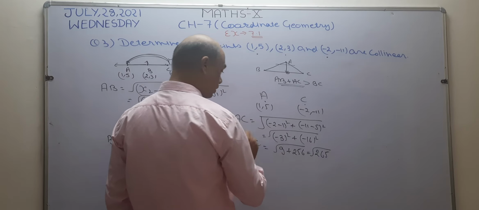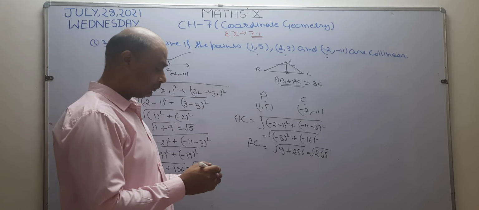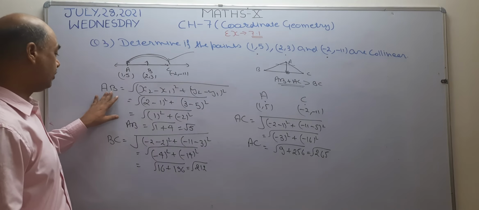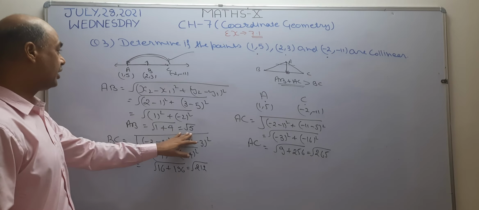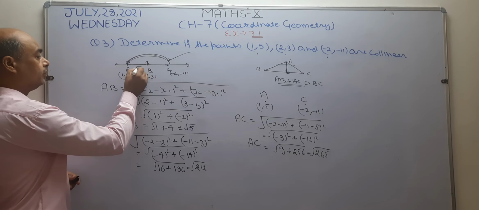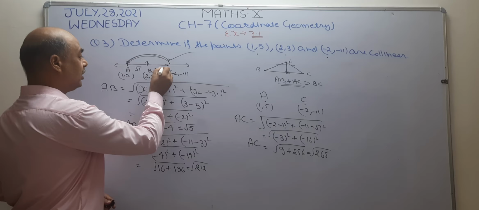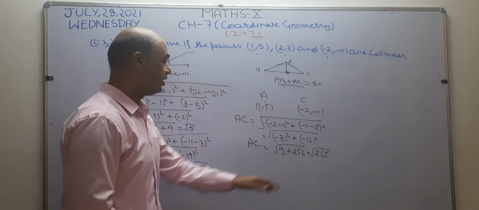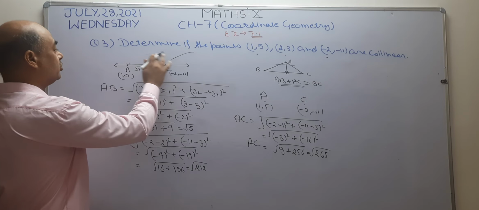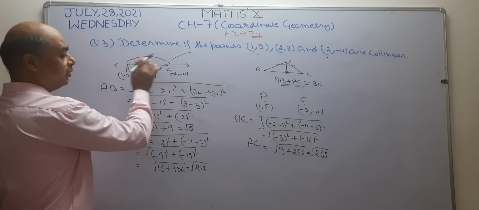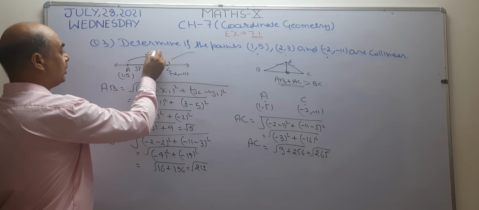Now, 3 sides are there. The value of AB is root 5, BC distance is root 212, and AC is the larger side, having distance root 265.